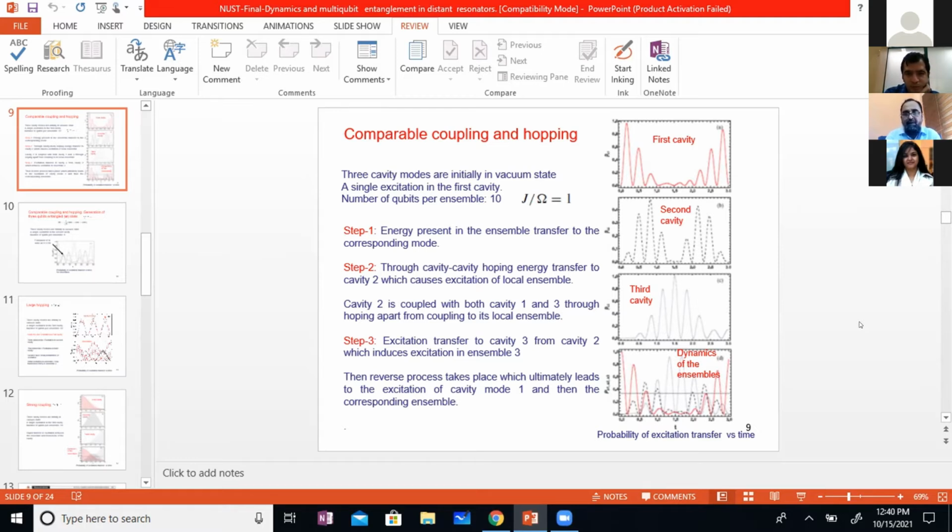So we have oscillation, a damping, and then again oscillation, and eventually it goes to the third cavity, and then it will bounce back and forth, and the whole process will continue. In picture D, basically we show the dynamics of the ensemble, right? Remember this red shows ensemble 1 that was in the excited state. Again, its excitation goes to ensembles 2 and 3, and this process will continue.